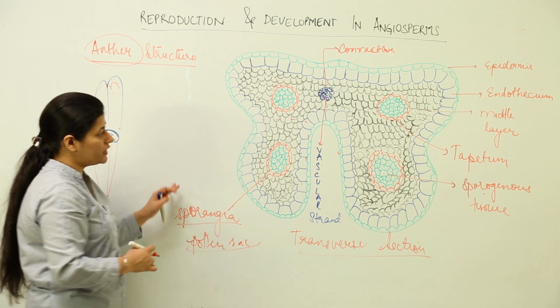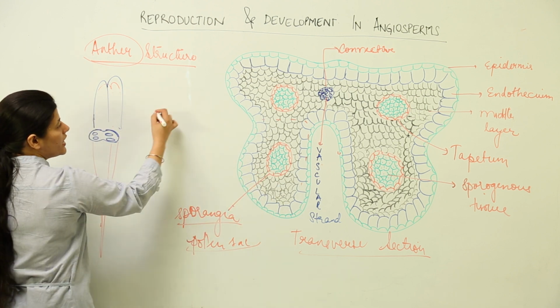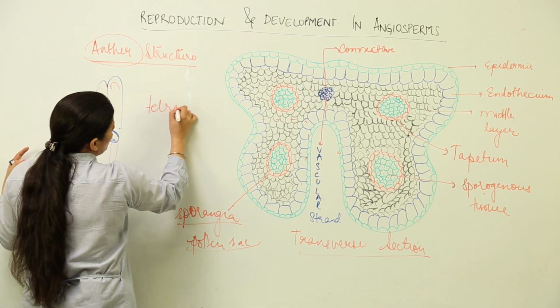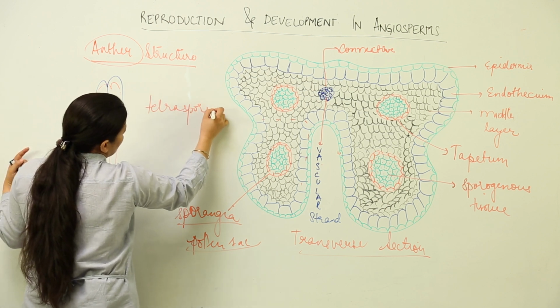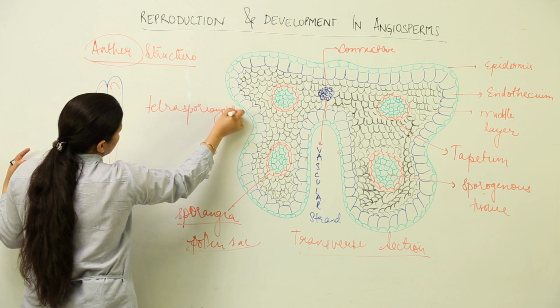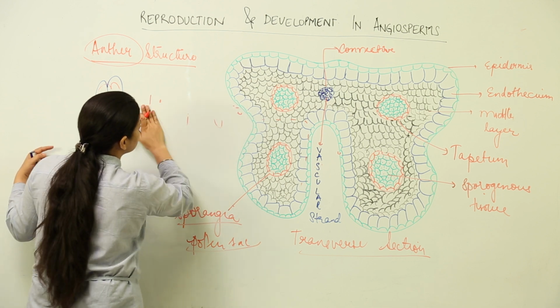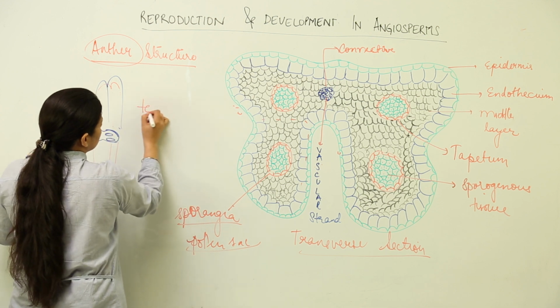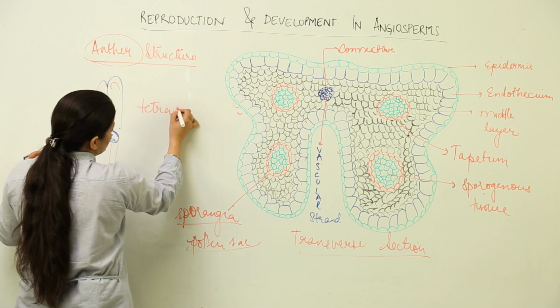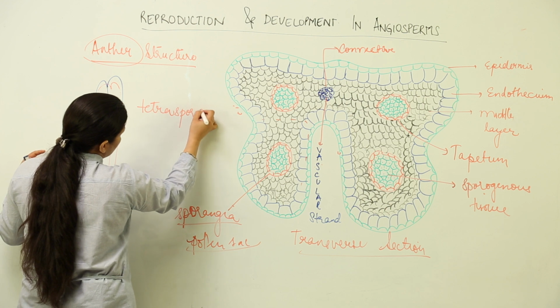So what you see over here is that the anther is tetrasporangiate. You have to remember this. 4 for tetra, sporangia.